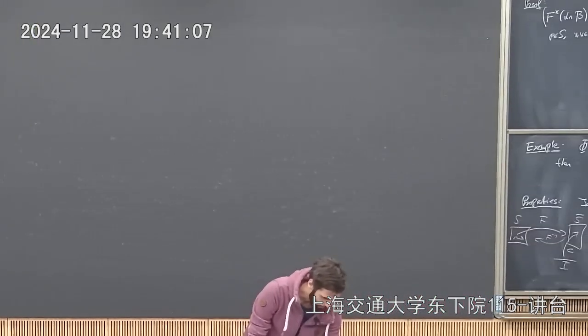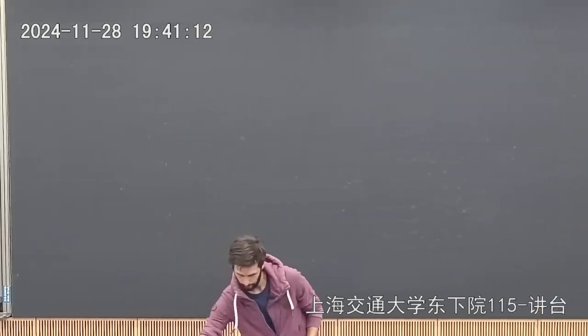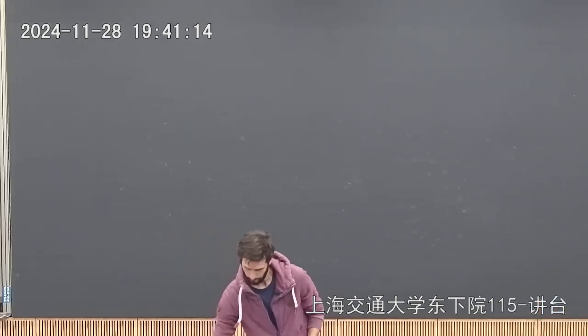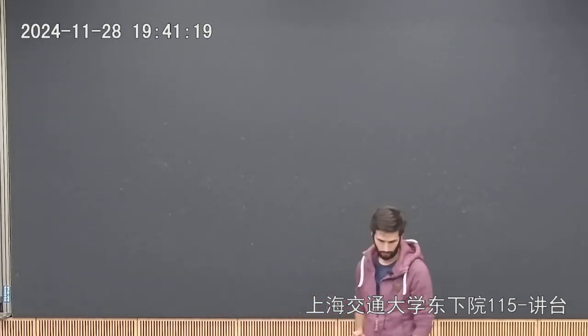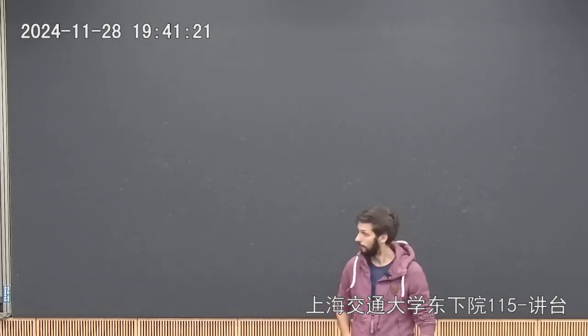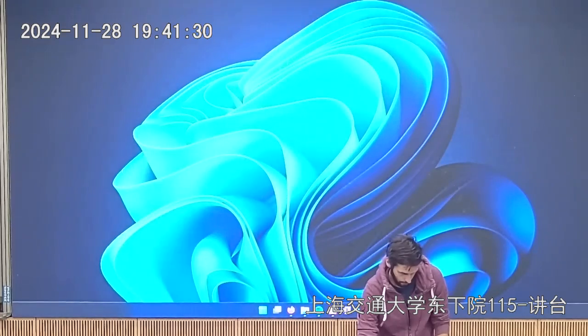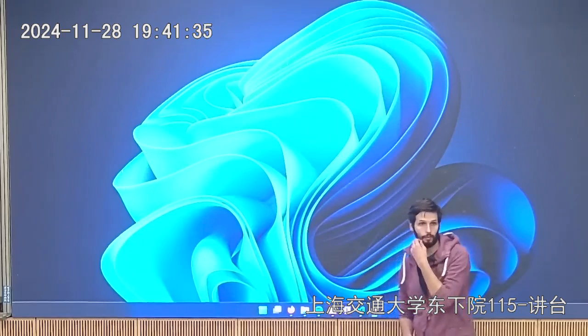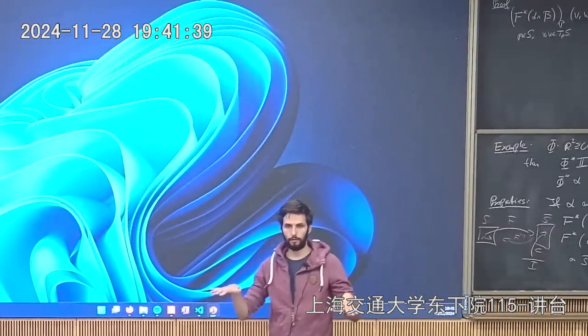To show you some more examples. We have seen that the cylinder is locally isometric to the plane.